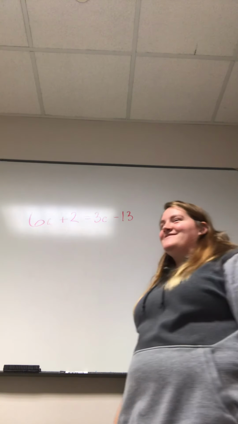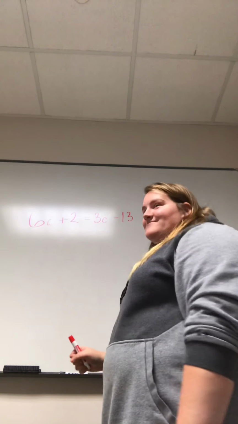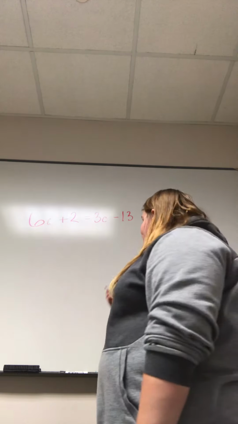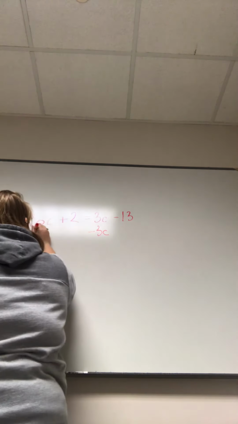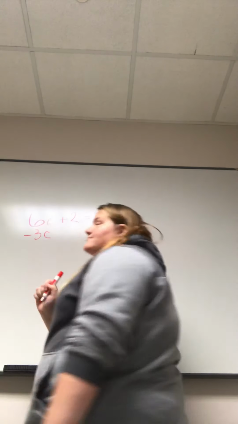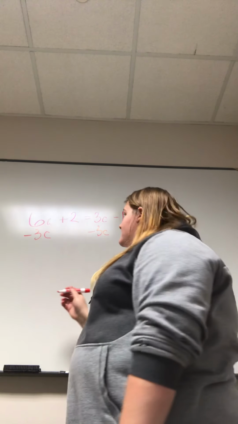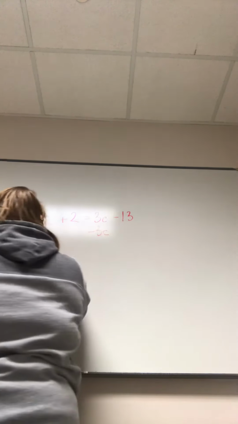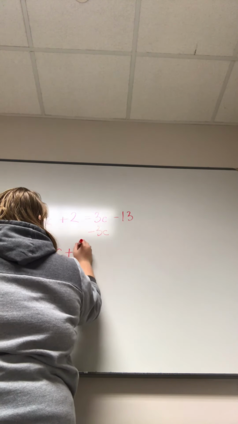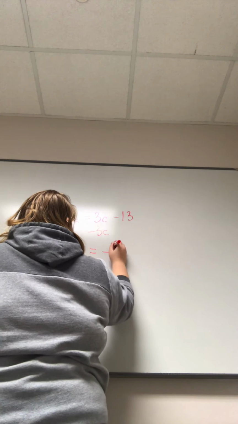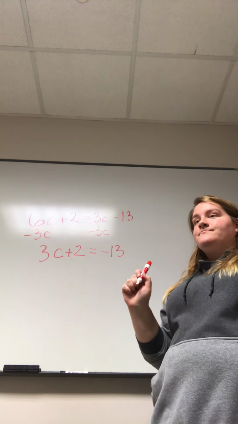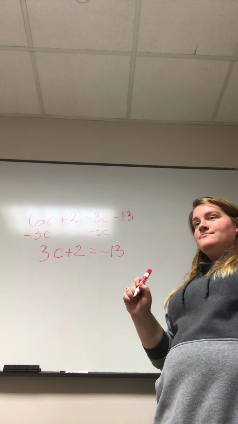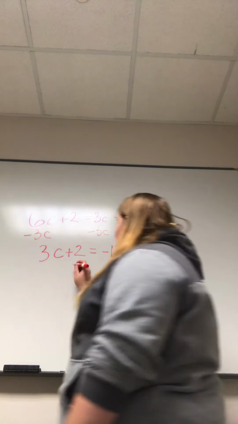Sure, I'll do it. Okay, so first, I minus 3C to both sides. And then when I did that, I got 3C plus 2 equals negative 13. Then I decided to minus 2 to both sides.